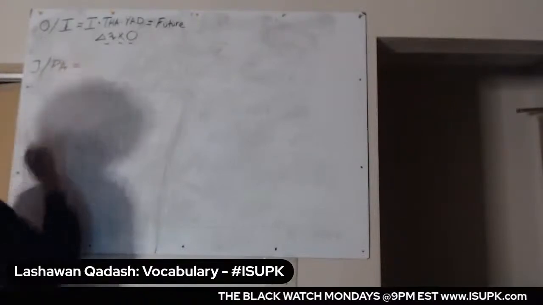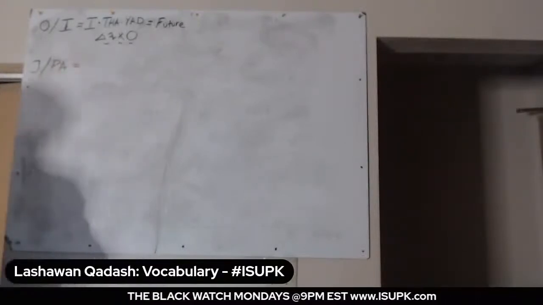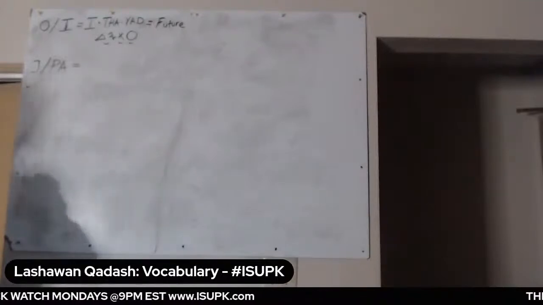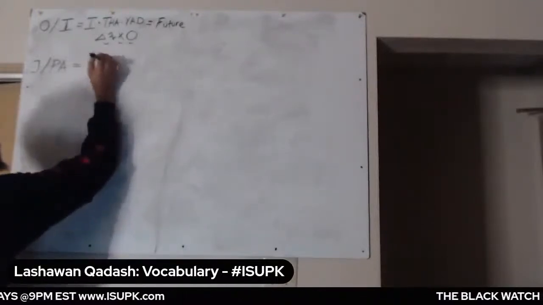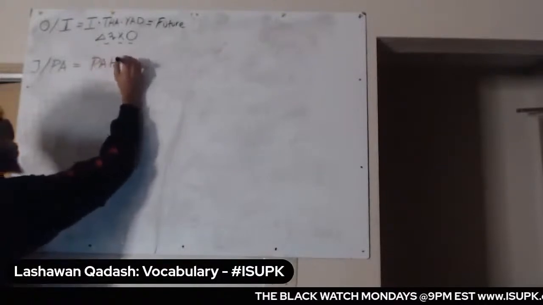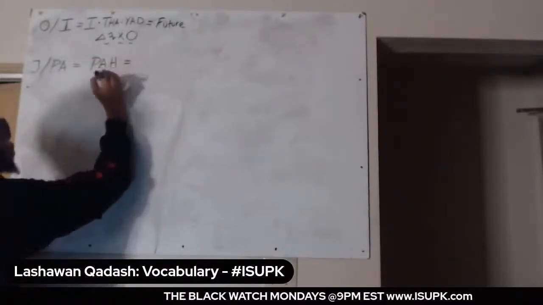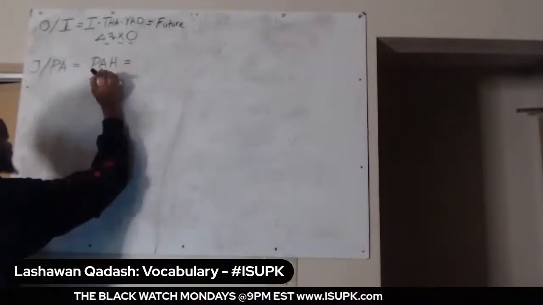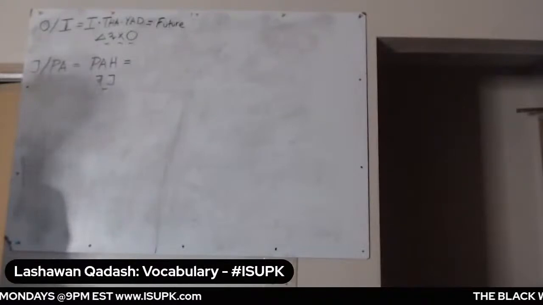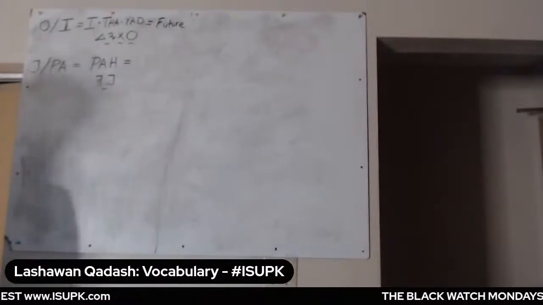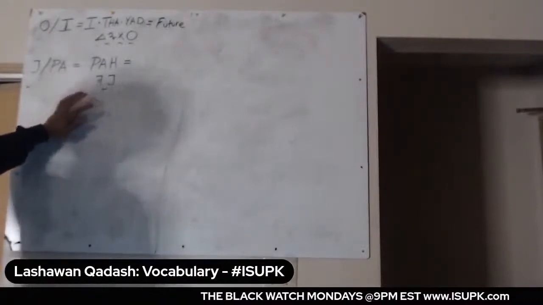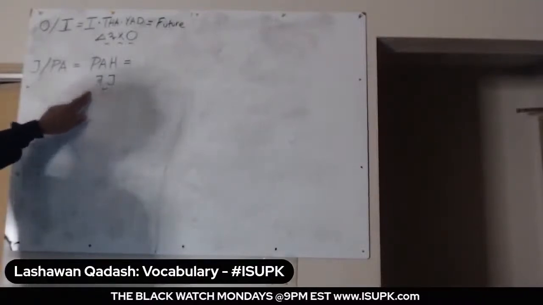We have Ka. All right. You got PA, which is puh, and then you have the huh, which is connected. The puh and the huh, which makes puh.